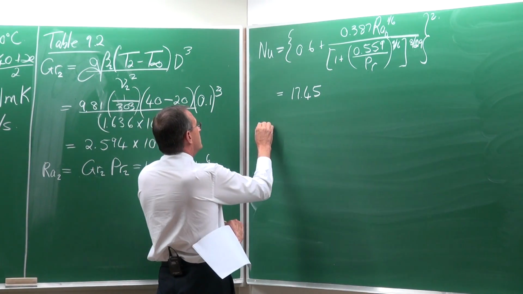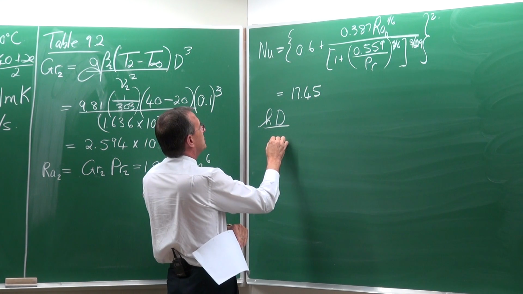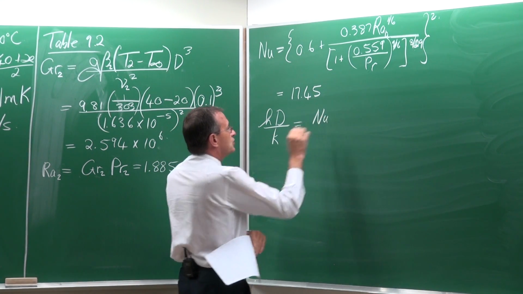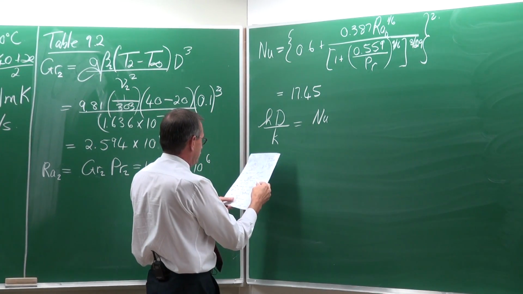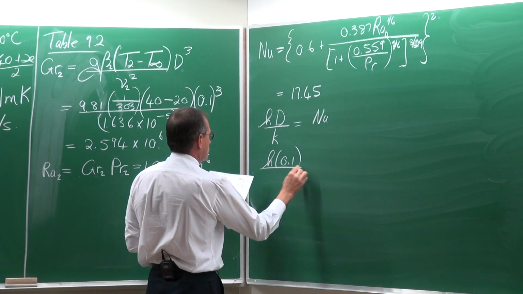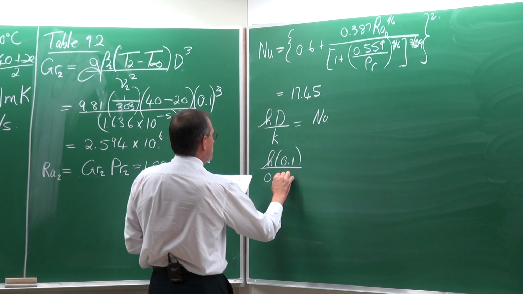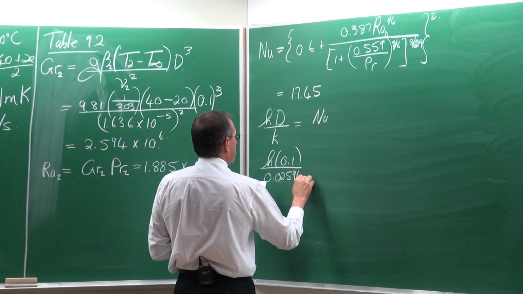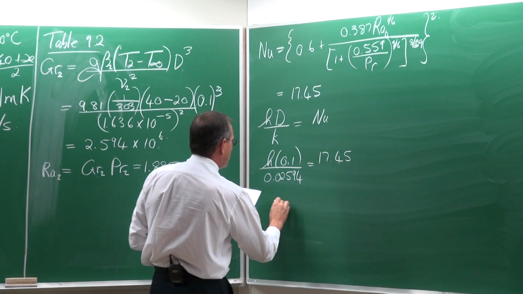So the Nusselt number is equal to the heat transfer coefficient multiplied by the diameter divided by k, and that is equal to the Nusselt number. The heat transfer coefficient is what we want to calculate. The diameter is 0.1. The thermal conductivity is equal to 0.02594, and that equals the Nusselt number, which is 17.45.